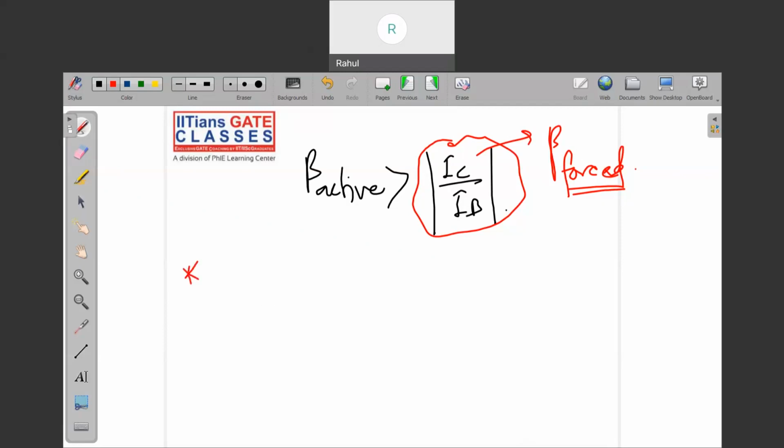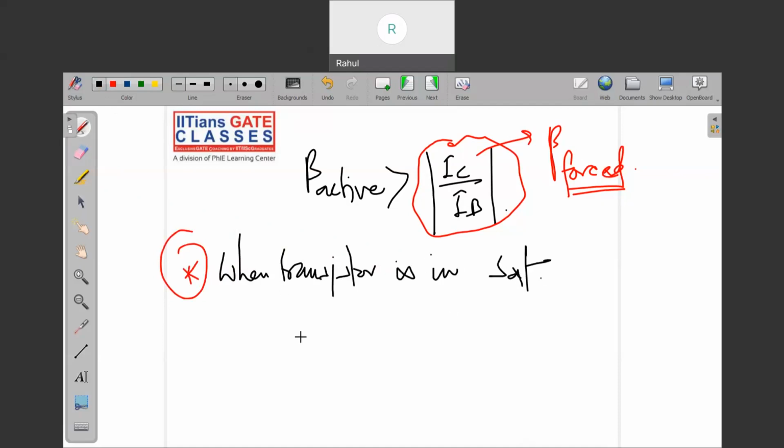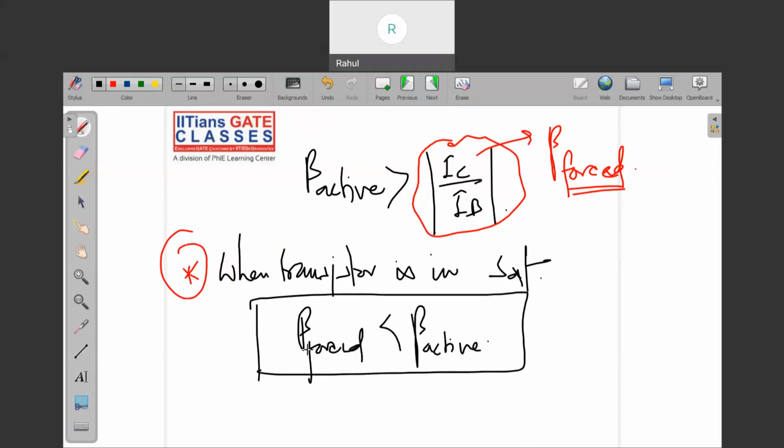This is a very important condition: when the transistor is in saturation, beta forced must be less than beta active. Beta will be given, and you have to compute beta forced and compare. If this condition holds true, then you can say the transistor will be in the saturation region.